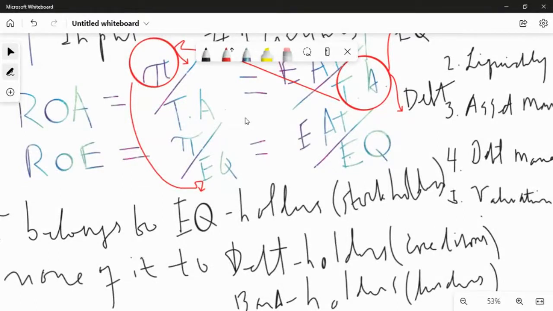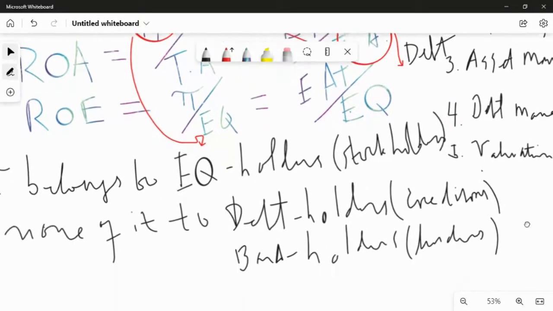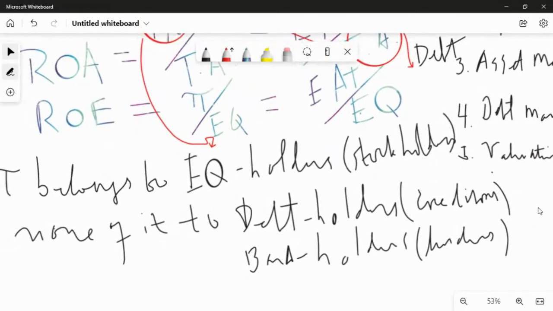But it's not directly relevant to them because debt holders only get their interest payment and principal, all of which come before profit. None of the profit goes to the debt holders, right?